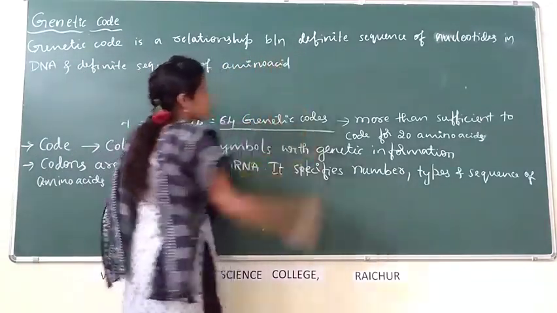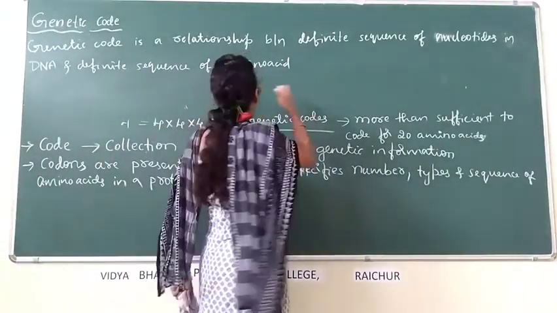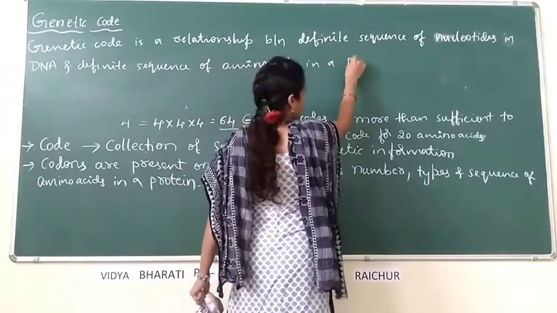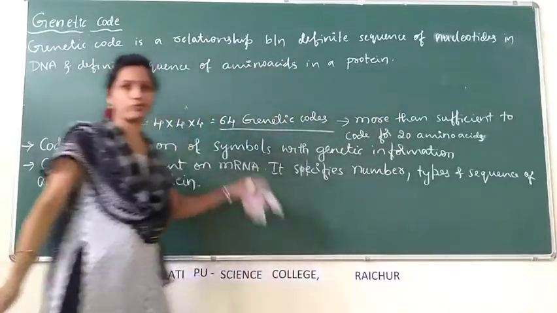It's a relationship between a definite sequence of nucleotides in a DNA and a definite sequence of amino acids in a protein. This is called genetic code.